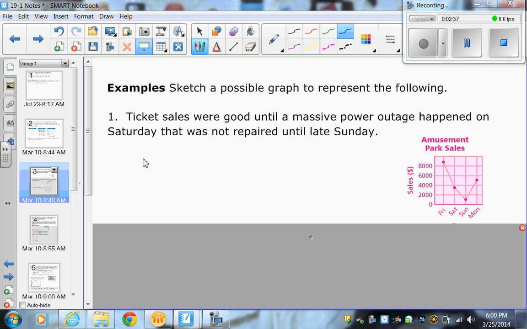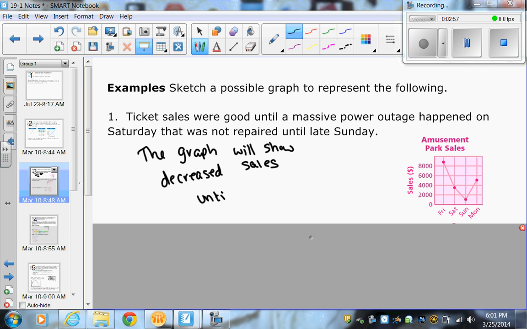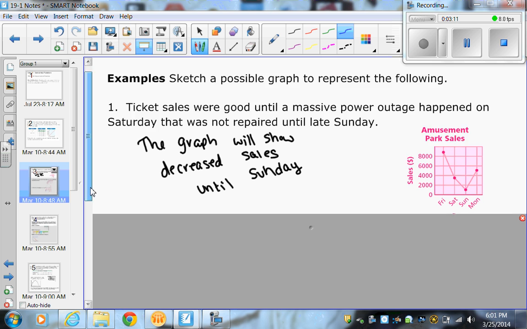So basically what I would want to see in your graph is that as long as you show me a graph where there's a decrease in sales until Sunday, so Friday we were up high and then it decreased Saturday and Sunday and then started going back up on Monday, then your graph would be correct.